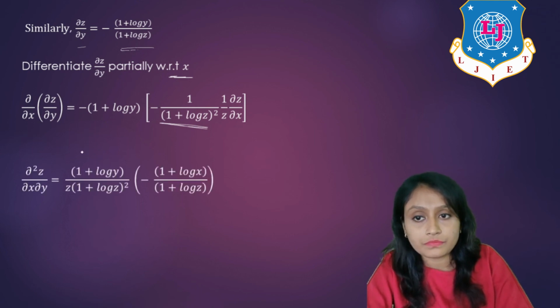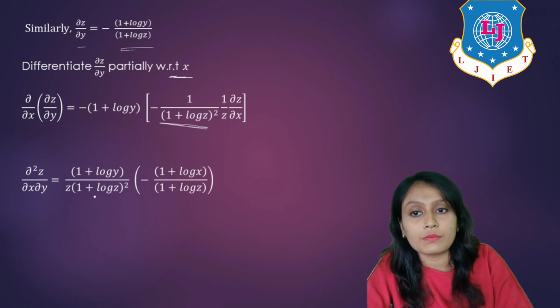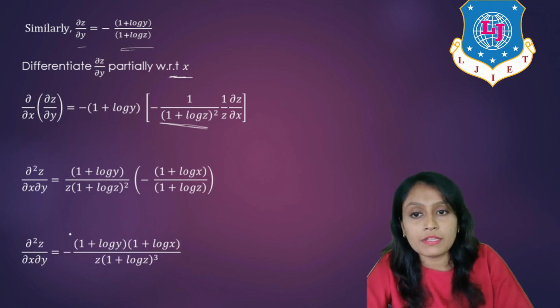Okay, next. Now this minus minus will become plus. So here we have 1 plus log y upon z into 1 plus log z whole square. And the answer of this del z by del x we have previously, right? So that is minus 1 plus log x upon 1 plus log z. Okay, so simplify it further. So here you have del square z by del x del y as minus 1 plus log y into 1 plus log x upon z into 1 plus log z whole cube.